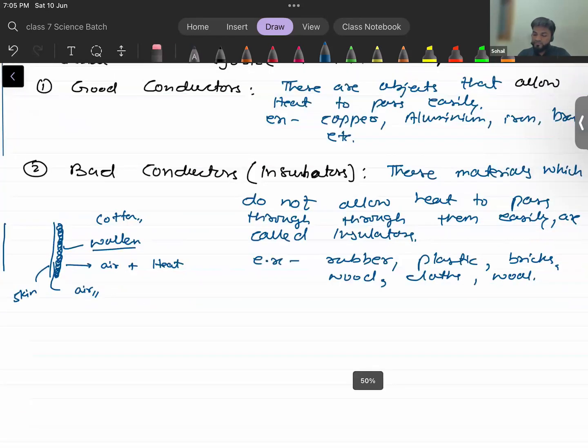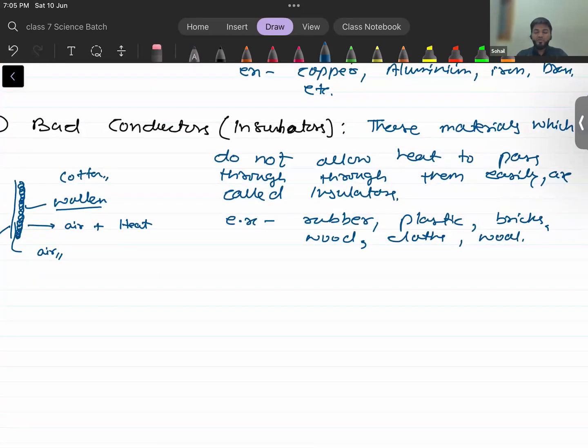Now, if we talk about liquids and gaseous substances, are they good conductors of heat? Any idea? In general, whether you talk about water or air, they are also poor conductors of heat.